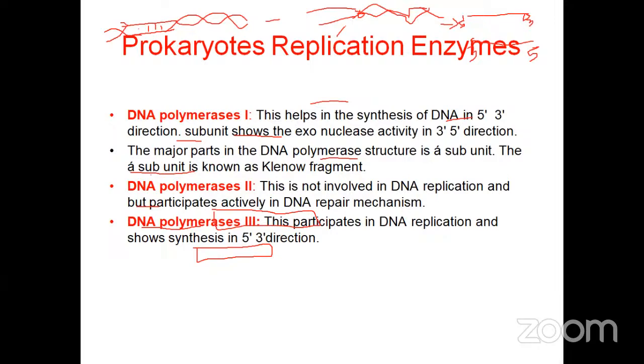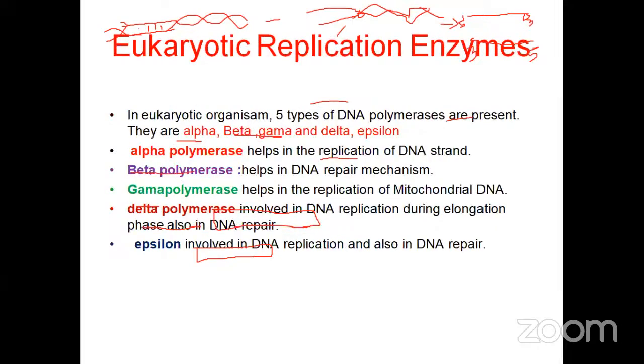And let's see the eukaryote replication enzymes. In eukaryotes, five types of DNA polymerases are present: alpha, beta, gamma, delta and epsilon. First, alpha polymerase helps in replication of the DNA strand. Beta polymerase helps in the repair mechanism.